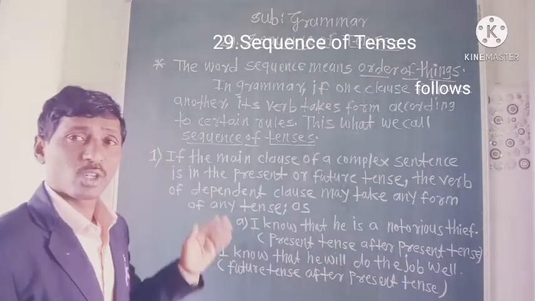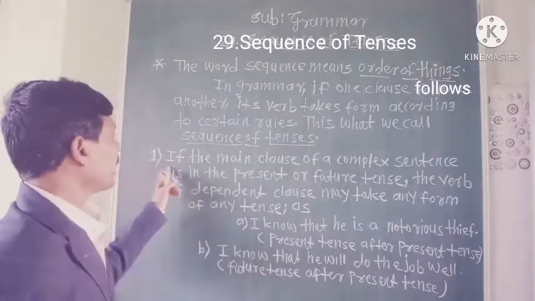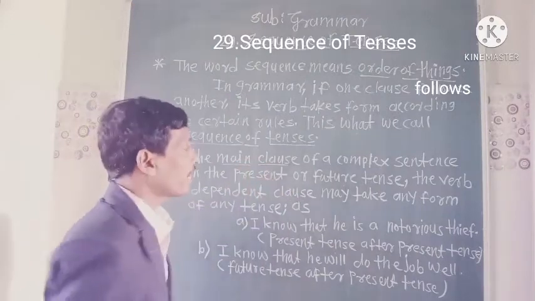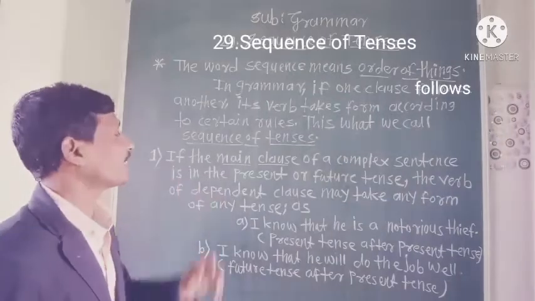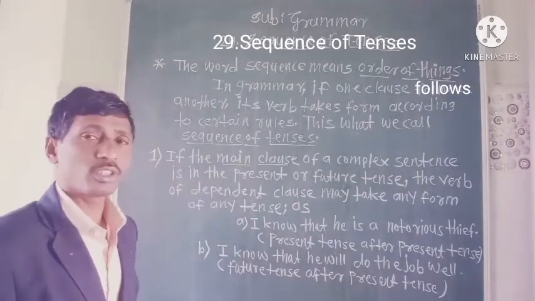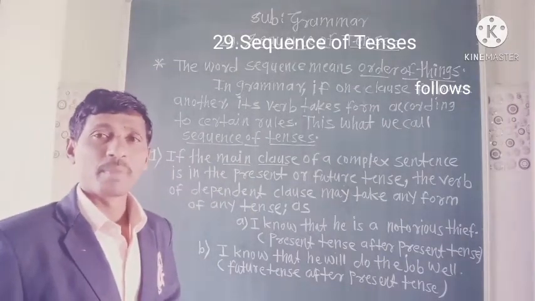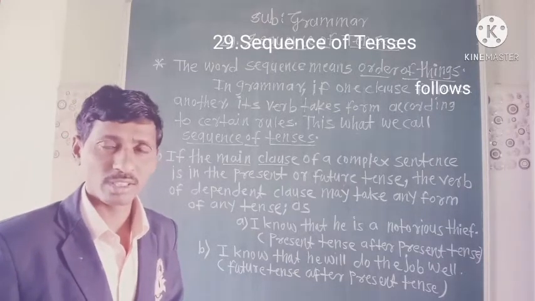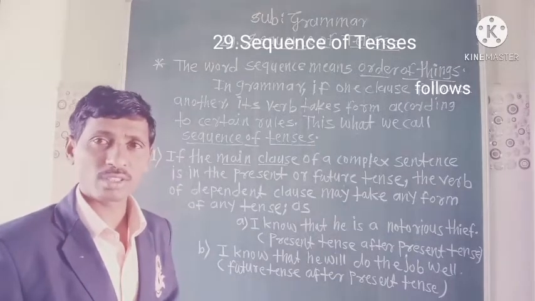So as a rule, let's see the first one. If the main clause of a complex sentence is in the present, as we learned, there is a principal clause or main clause, and second is the subordinate clause.